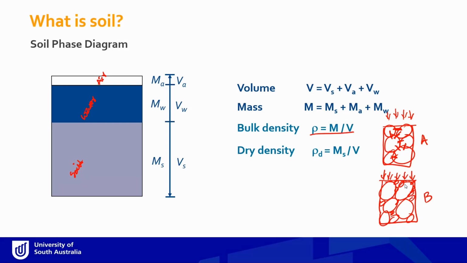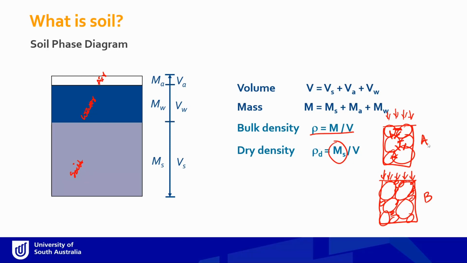Soil B, even though they have pretty much the same volume, has a much higher number of particles. A higher number of particles basically means the soil will have a higher value of MS. That means it will have a higher dry density. Now if we look at the behavior of these two soils A and B under, let's say, the same amount of load, which one do you think will deform more?